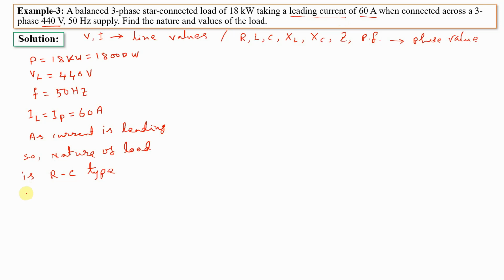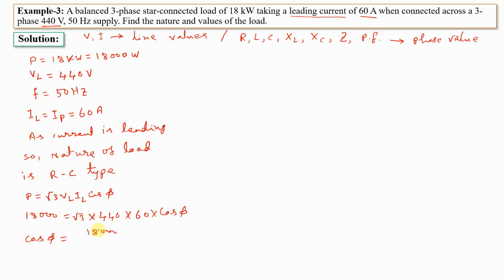Now we know that the power is root 3 VL IL cos phi. So here put the values. We know the value of power, that is 18,000 watt. We know the line voltage, that is 440, and the line current is 60. And the power factor is unknown, so we can calculate the power factor from this relation.